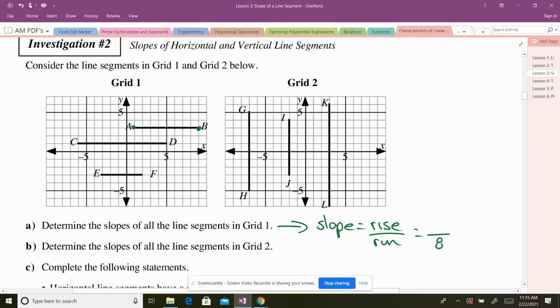What's my rise? 0. What's 0 divided by 8? 0. What is the slope of a horizontal line segment? Every horizontal line segment has a slope of 0. It means it's dead flat, because we haven't gone up. So all of grid 1, A, B, C, D, E, F, all have a slope of 0.